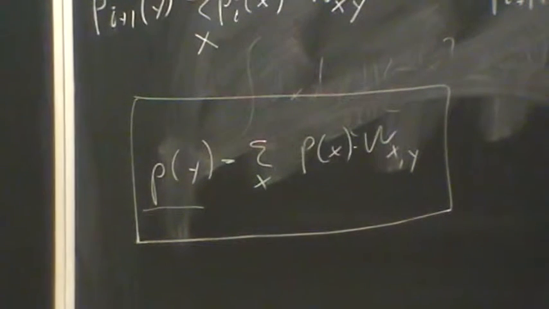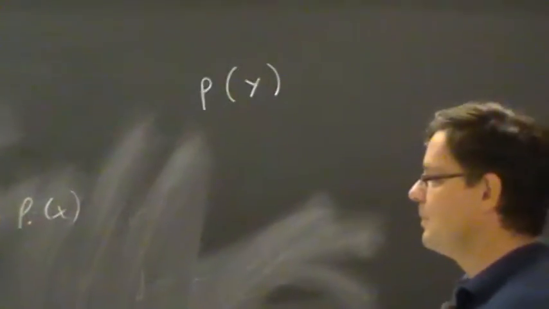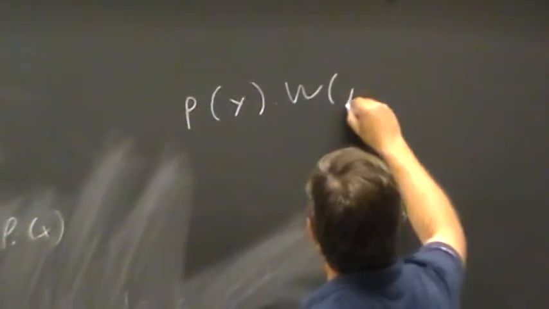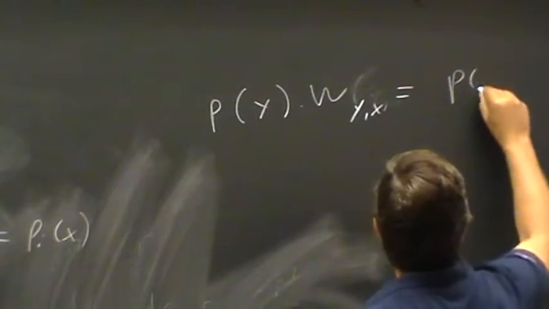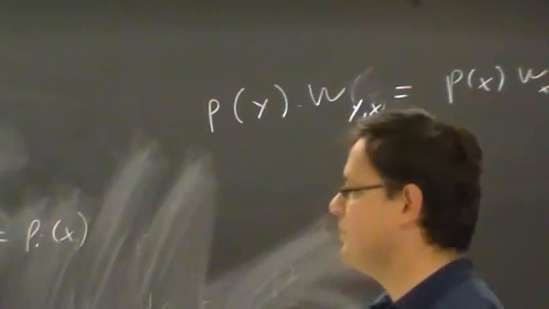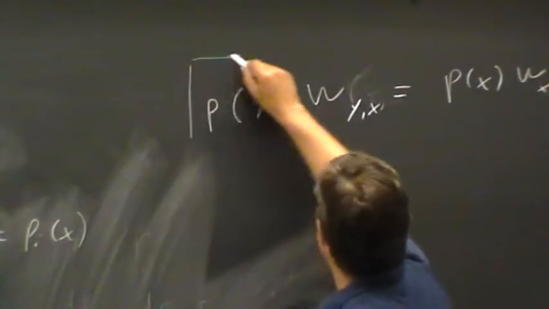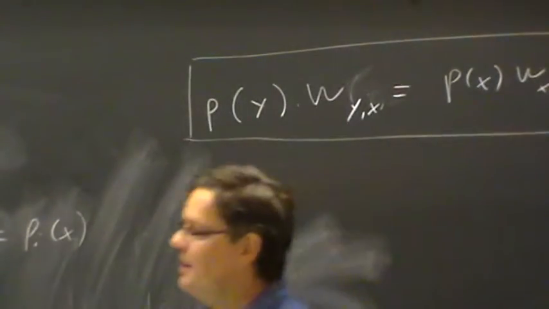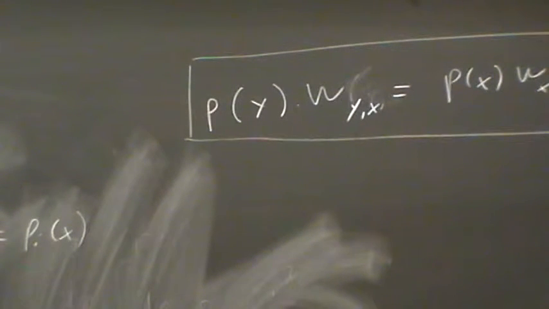But now I write down a more specific, stricter condition, namely that p of y times w of y comma x should be the same as p of x times w of x comma y. Or that the ratio of the probabilities of going from x to y divided by that of going from y to x is p of y divided by p of x.